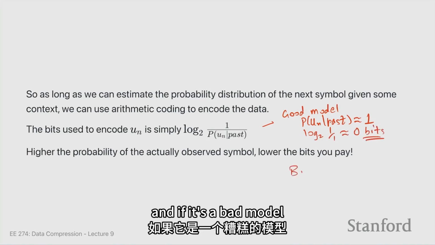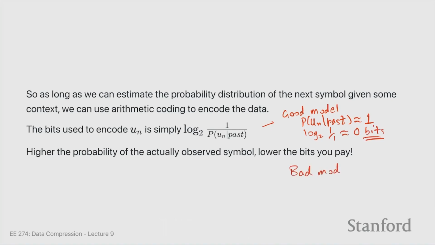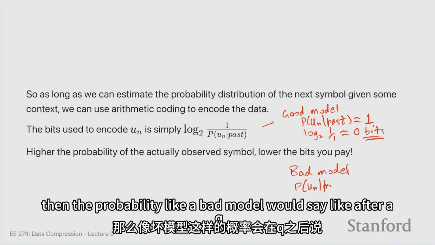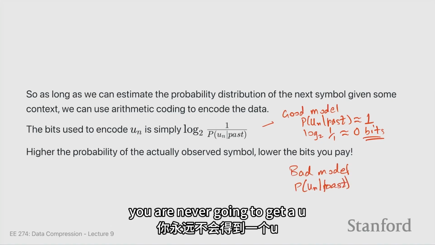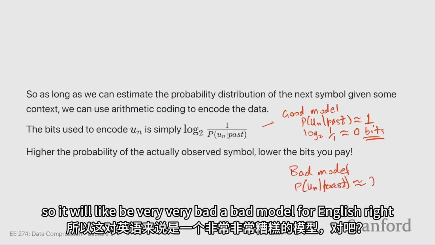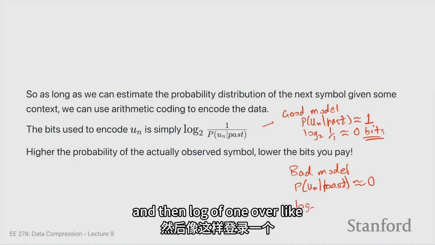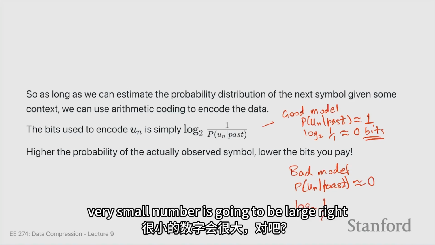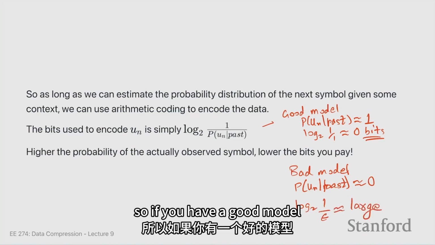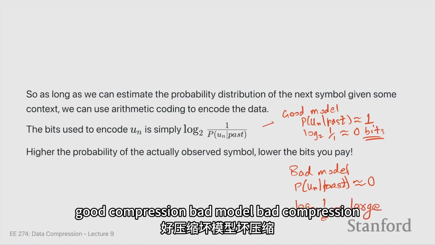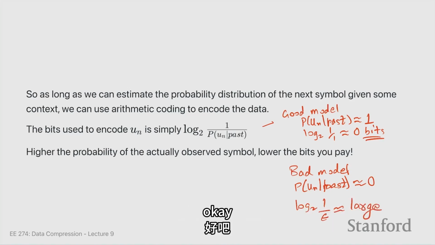If it's a bad model, like a model that would say that after a Q you are never going to get a U, it would be a very bad model for English. Then log of 1 over a very small number is going to be large. So good model, good compression; bad model, bad compression.